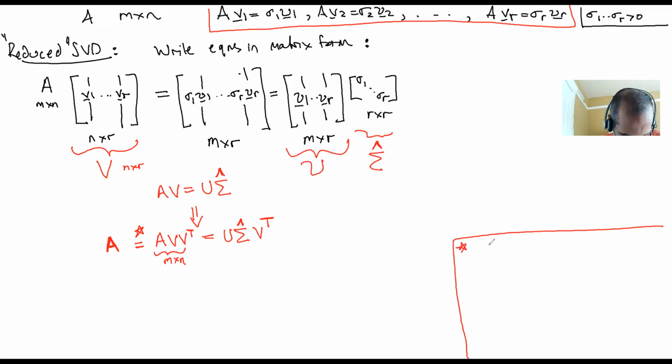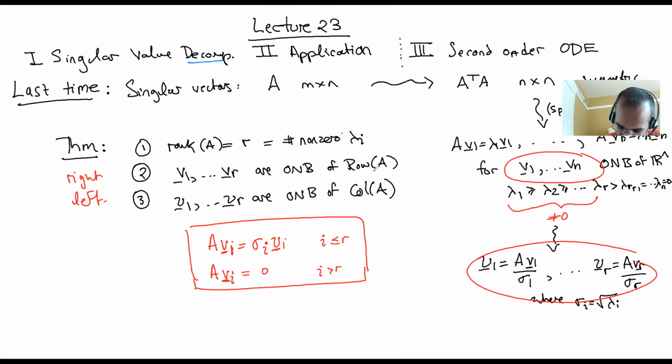I want to prove that A is equal to A times V V transpose. Now, what is V V transpose? Well, it's the projection onto the row space of A. It's the matrix of that projection, because remember, V is an orthonormal basis of the row space. That's what it says over here in item 2.